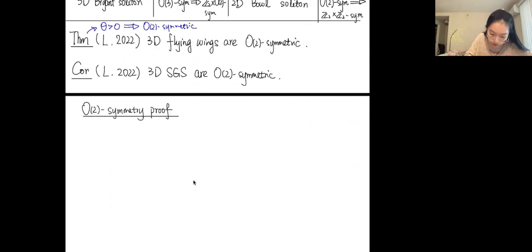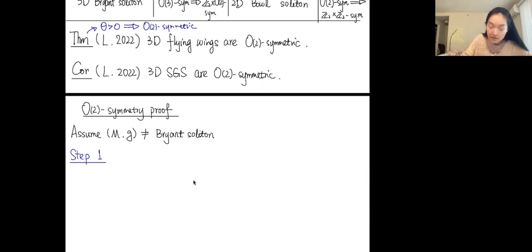Okay, so first we're going to assume that the 3D static gradient soliton M_g is not the Bryant soliton, because the Bryant soliton has already been understood very well. Then step 1. In the first step, we study the asymptotic geometry of this soliton, and in particular we get the following results.